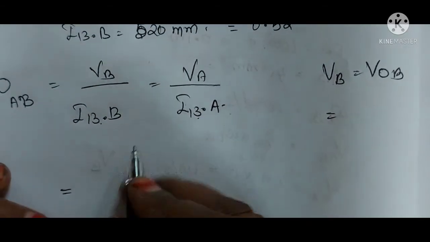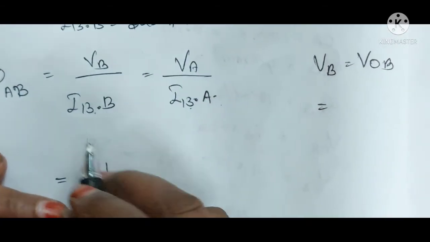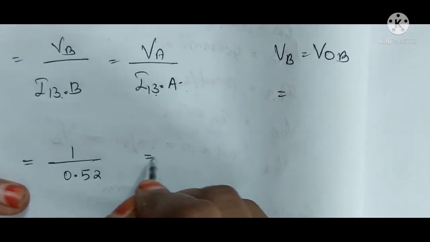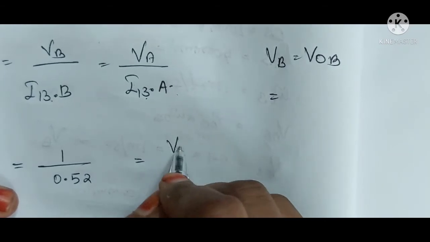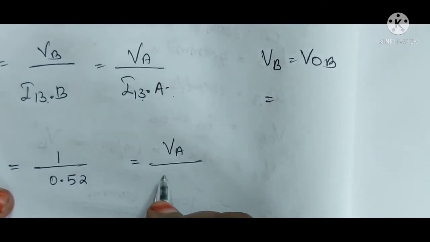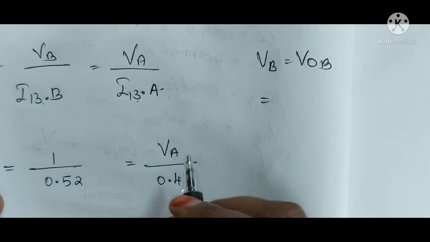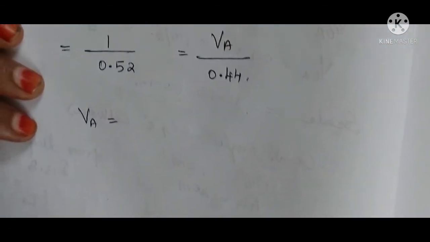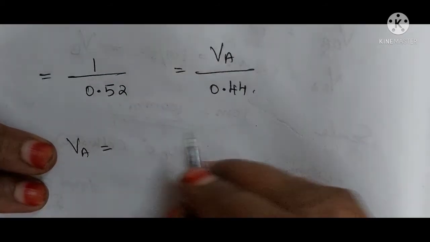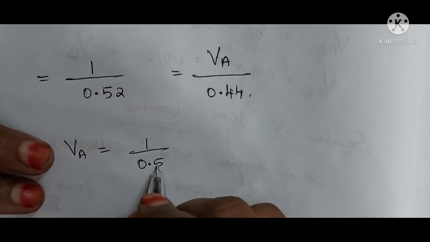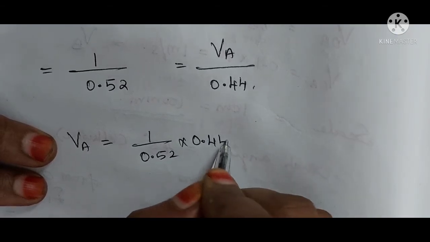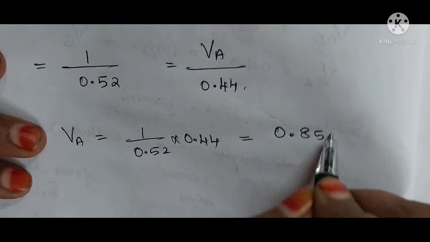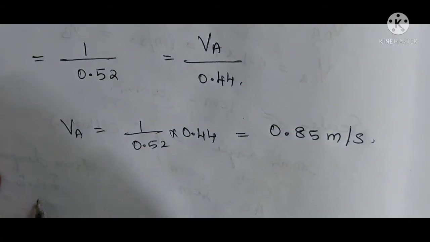So now 1 by I13 dot B, which is 0.52, is equal to VA, which we don't know, by I13 dot A, which is 0.44. So from these values we can find VA. So VA equal to 1 by 0.52 into 0.44. By calculating this, the VA value was 0.85 meter per second.